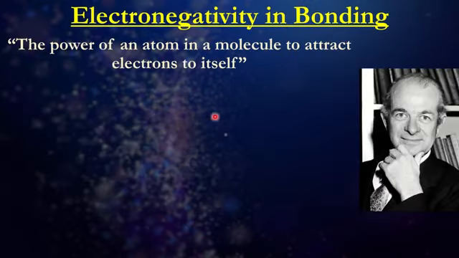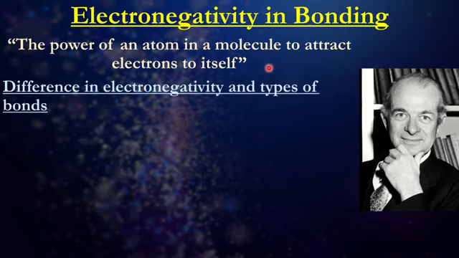Okay, so electronegativity means how willing is an atom to attract an electron. So fluorine has the highest electronegativity. Out of all the elements of the periodic table, fluorine is the most likely to attract electrons towards it.